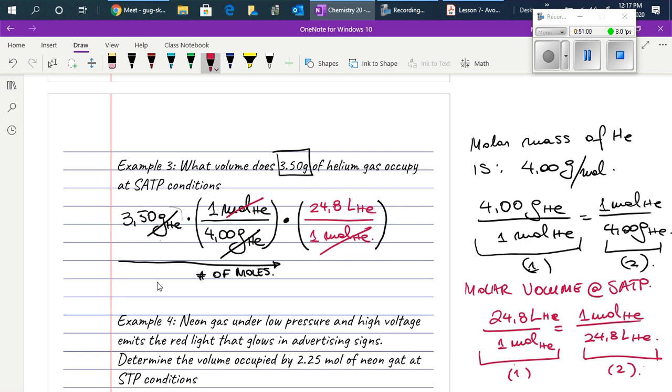So moles and moles cancel out. And then what do you do in your calculator? 3.50 times 24.8 divided by 4, and you should have 21.7 liters of helium. And again, this takes into consideration the correct number of significant digits.